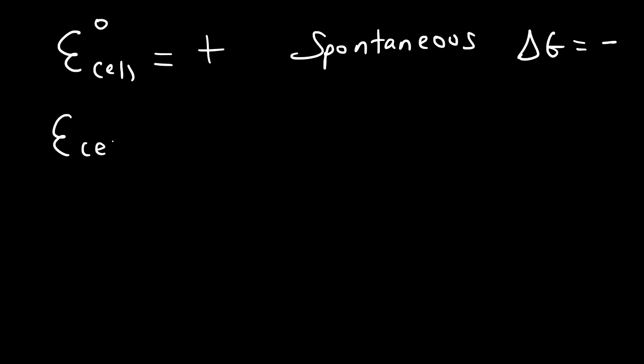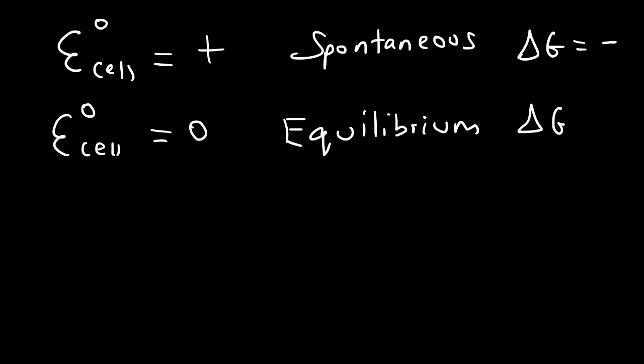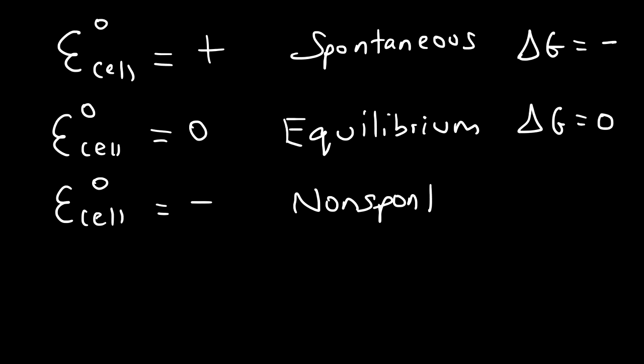The cell potential is 0 when the system is in equilibrium. And so when the cell potential is 0, delta G is also equal to 0. And when the cell potential is negative, that means that you have a non-spontaneous process. And so delta G is positive.